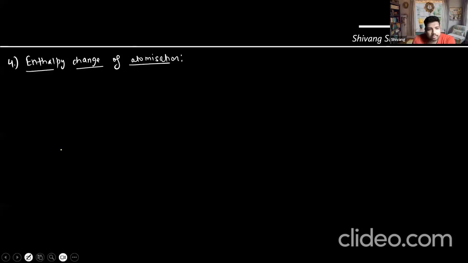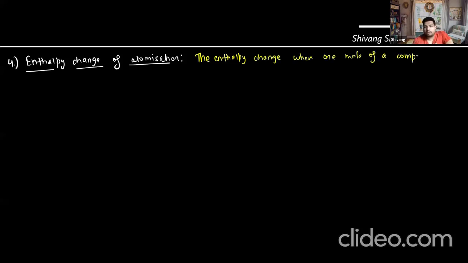Okay, so enthalpy change of atomization is the enthalpy change when 1 mole of a gaseous atom, we should not call it a compound, 1 mole of a gaseous atom is formed from its element in standard state.